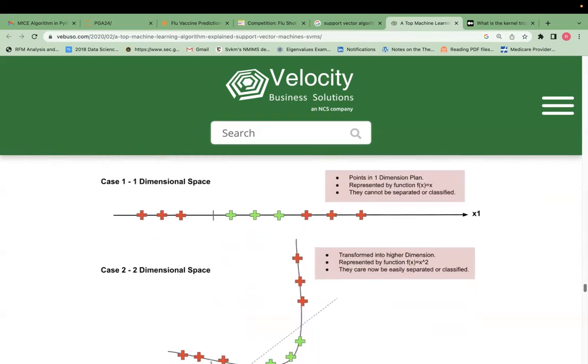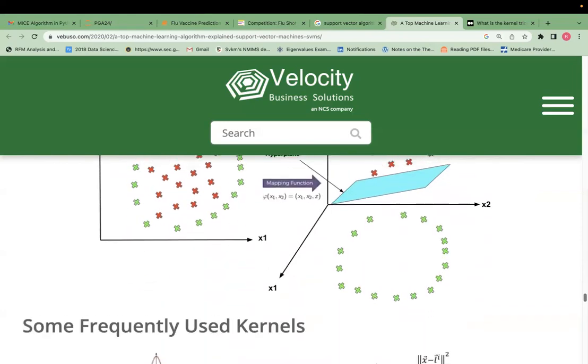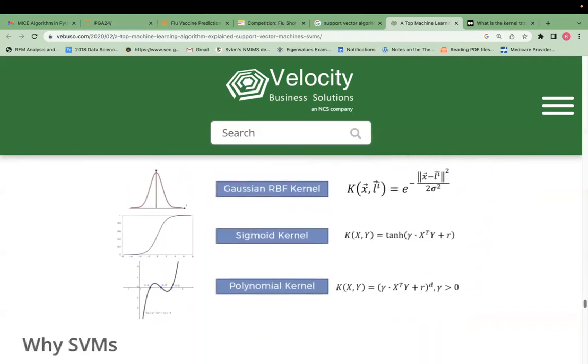Now in non-linear, we have to map it to a higher dimensional space by using these kernels. You have the Gaussian RBF kernel, sigmoid kernel, and polynomial kernel. If your data is non-linear, we have to use these kernels.